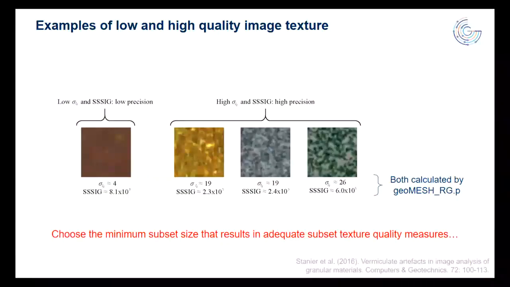In essence, what you want to do in terms of setting up your PIV analysis is identify the minimum subset size that's going to result in adequate subset texture quality measures. You can control these outputs to a degree by increasing or decreasing your subset size. The optimum value is the smallest value that gives you good numbers for these quality measures.